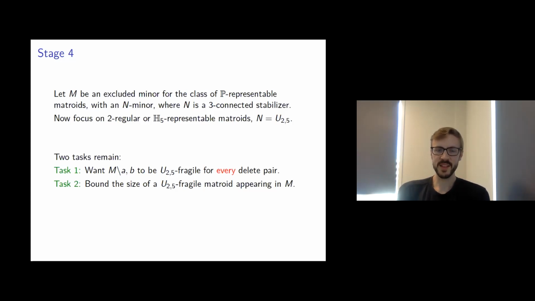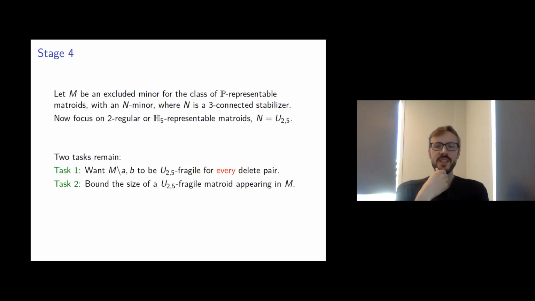So the first is, remember that we want, for any delete pair AB, we want to be able to say that we get something fragile when we delete that pair. And the second problem is then, once we solve task 1, you want to actually bound the size of a U2,5-fragile matroid appearing in an excluded minor.